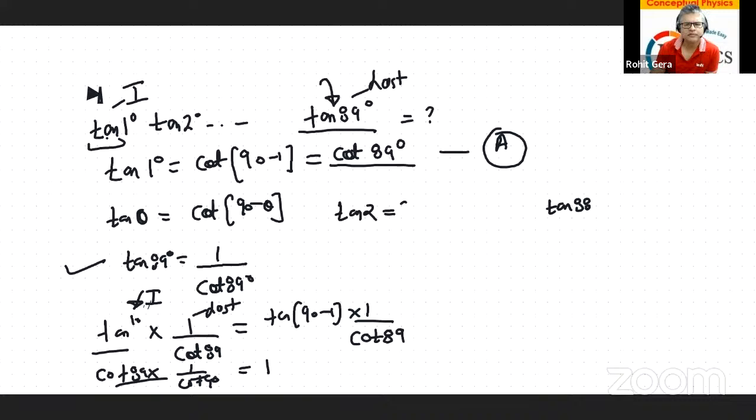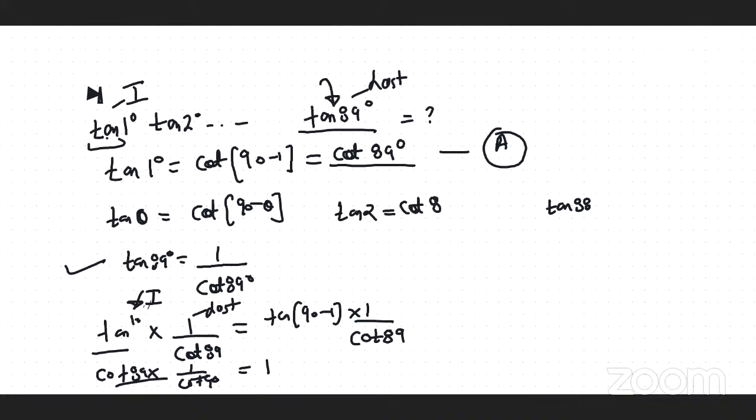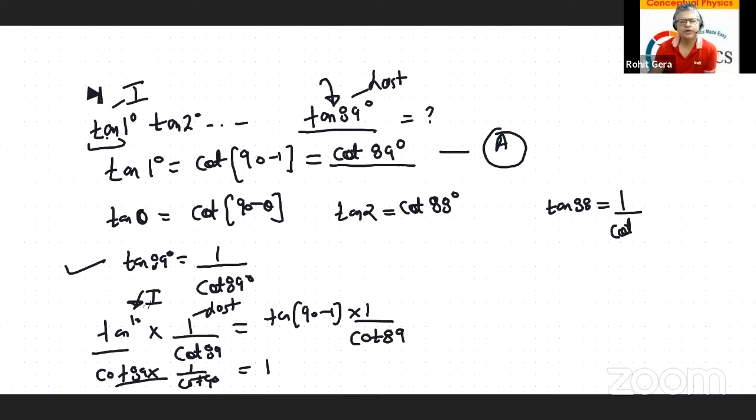Cot of 88, यस सर, and this will be 1 upon cot of 88. So even from the left hand side and the right hand side, if they come, they will cancel. Which means if you take a third from here and a third from here, it will also cancel.